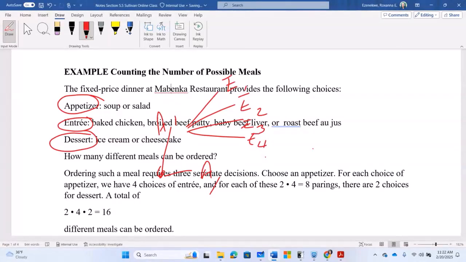And each appetizer branch has E1, E2, E3, E4.